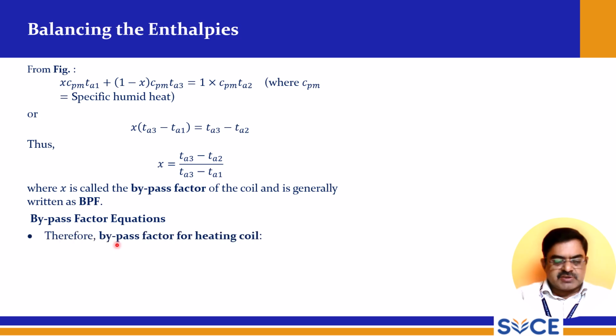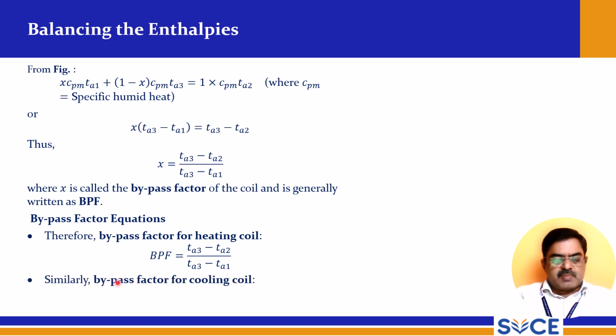Bypass factor equations. Therefore the bypass factor for a heating coil is equal to Ta3 minus Ta2 divided by Ta3 minus Ta1, and for a cooling coil it is Ta2 minus Ta3 divided by Ta1 minus Ta3. So in reverse, Ta3 minus Ta2 here, and vice versa in the opposite way, Ta2 minus Ta3.